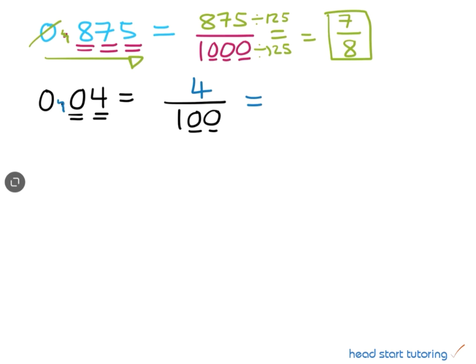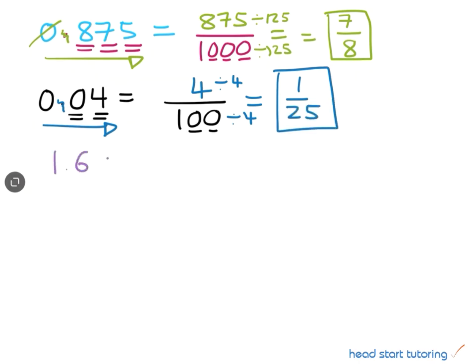So we end up with 4 over 100. We can now simplify 4 over 100 by dividing both the numerator and the denominator by 4 to get 1 over 25. So 0.04 as a simplified fraction is equal to 1 over 25.